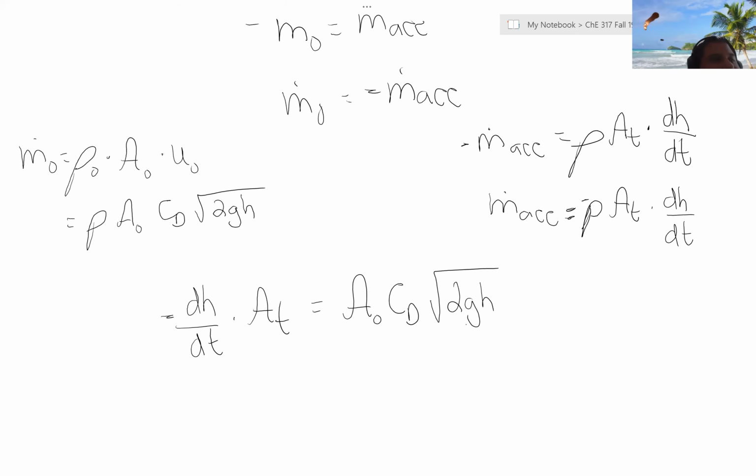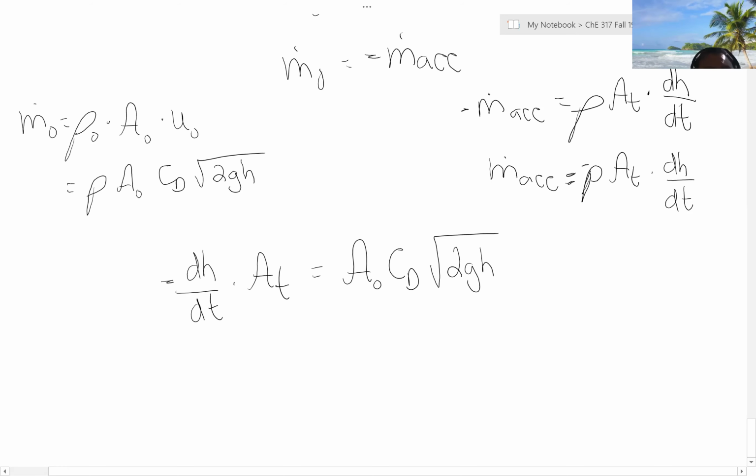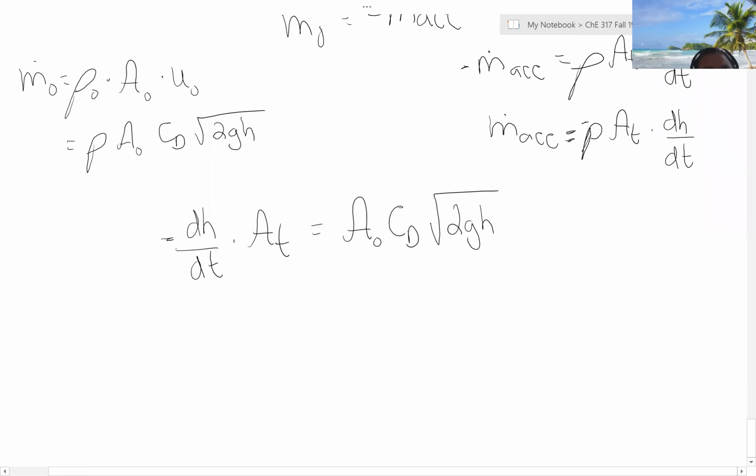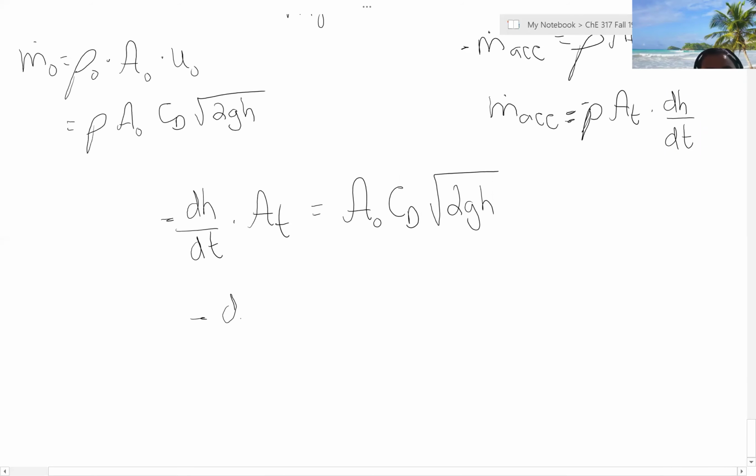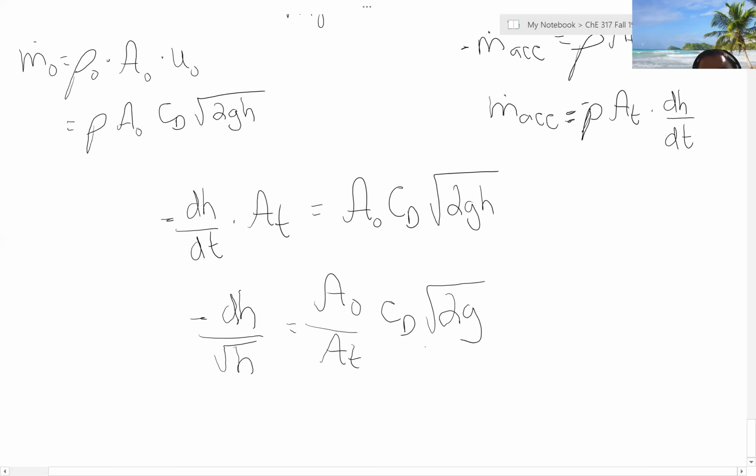So I do a little rearranging of this expression, and I am left with the negative dh over the square root of h equals the area of the orifice over the area of the tank times my discharge coefficient times the square root of 2 times gravity times dt.